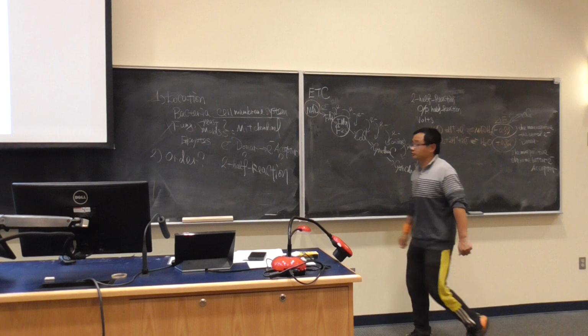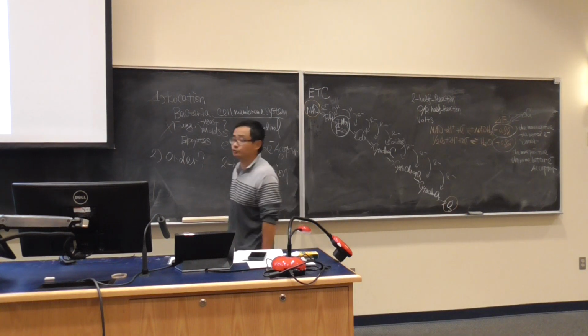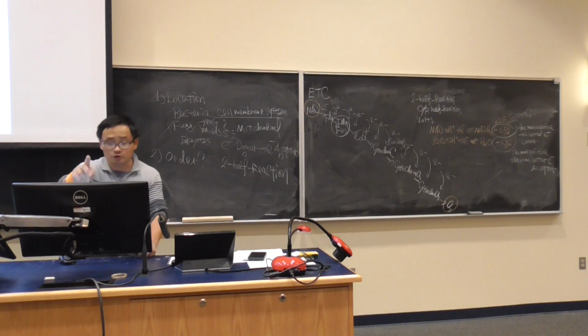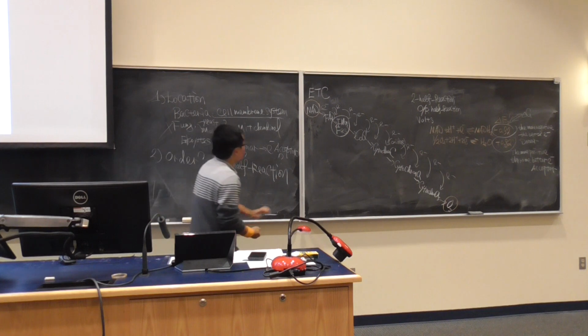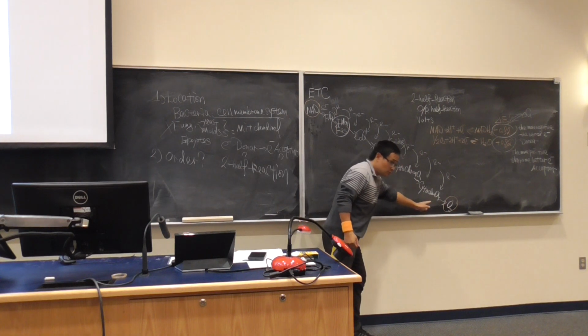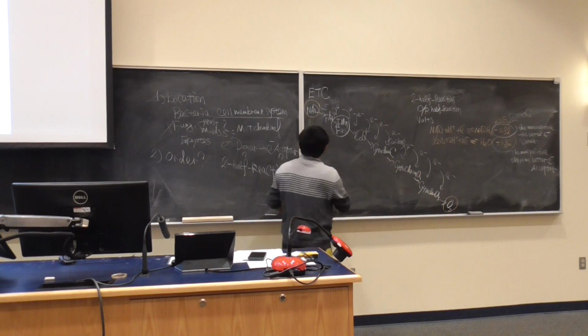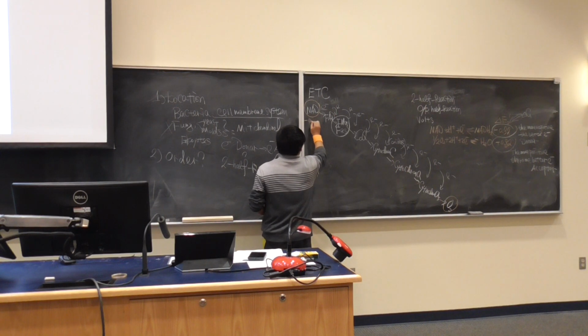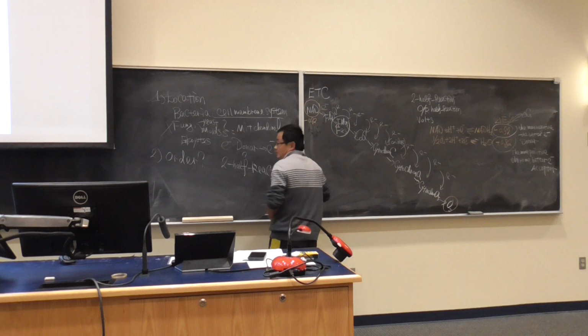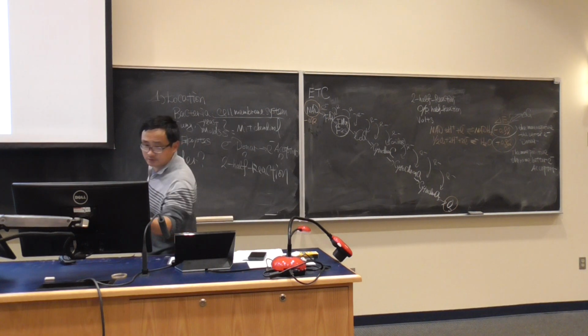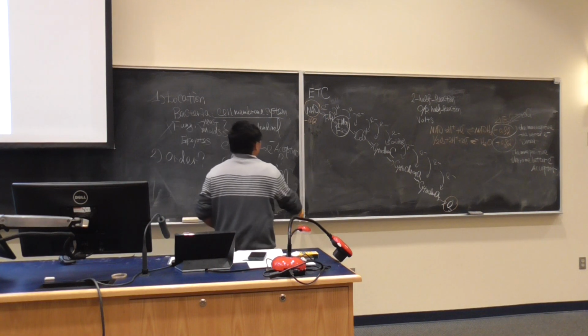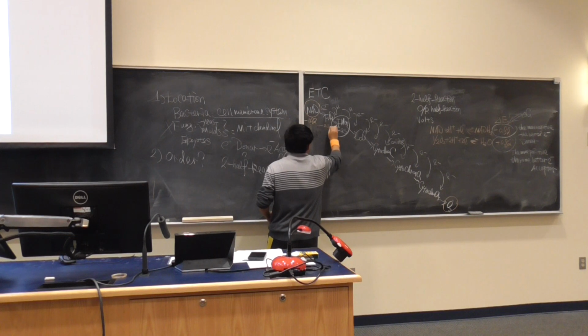And based on this two-half reaction, we already measured. You can see from the top to the bottom, the value becomes more and more positive. So, this is minus 0.82. I believe FAD is minus 0.18.